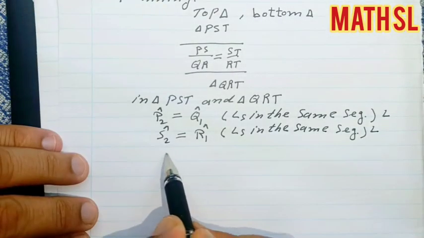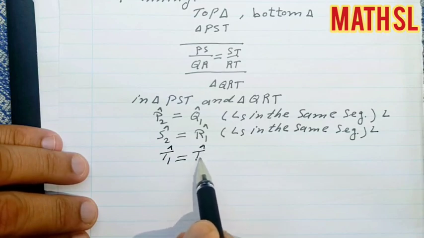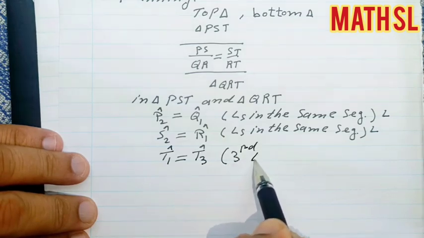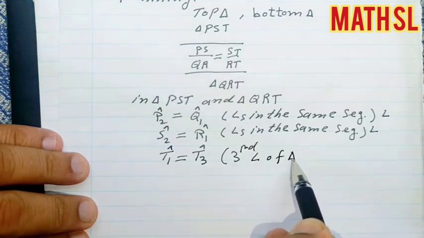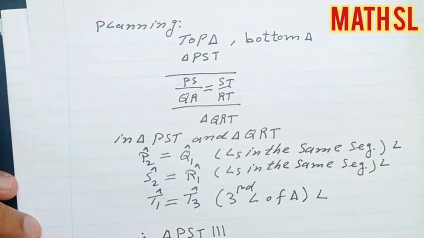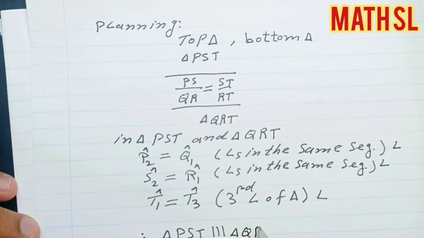So angle T1 is going to be equal to angle T3, and the third angle of triangle, this is my third angle. Therefore, triangle PST is similar to triangle QRT. Pay attention to the order of the letters.